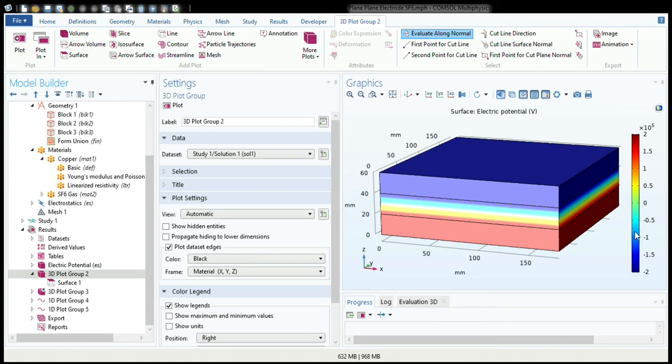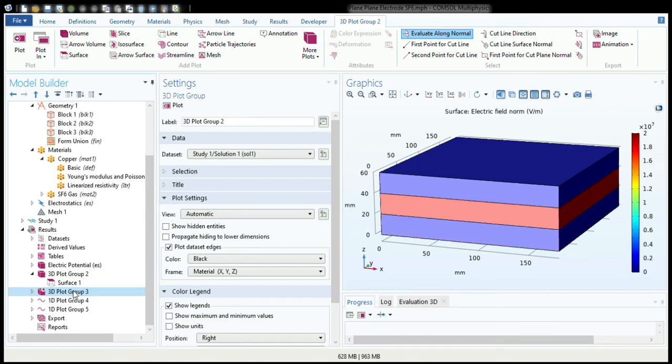So we can see from the color grading the positive potential decreasing to the negative part of the electrode.